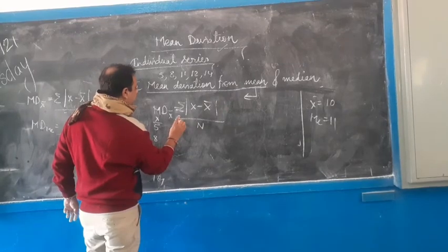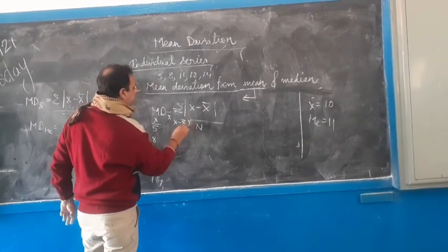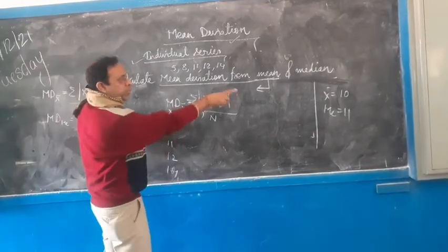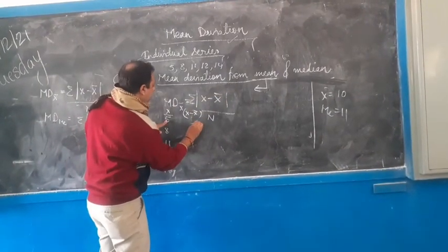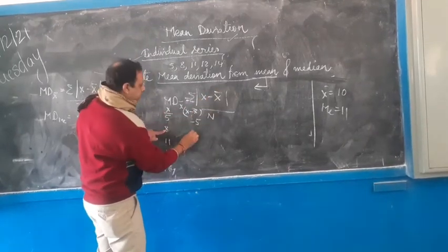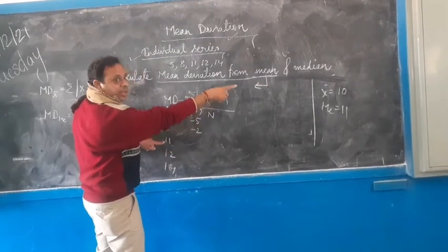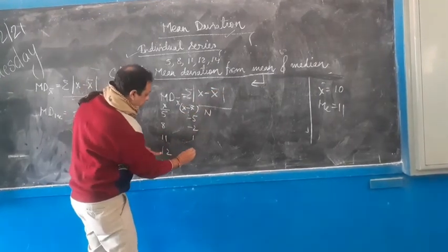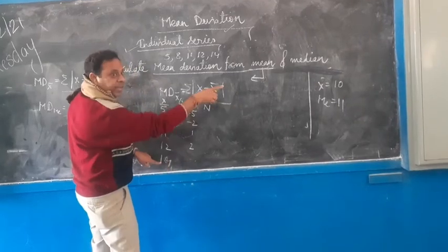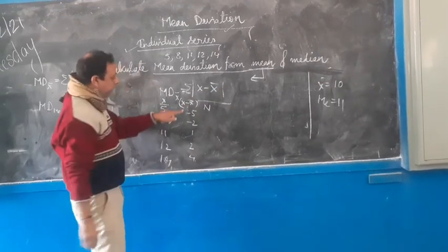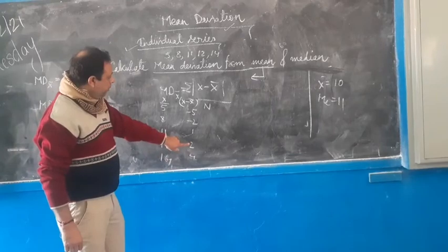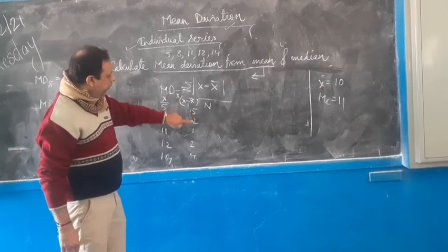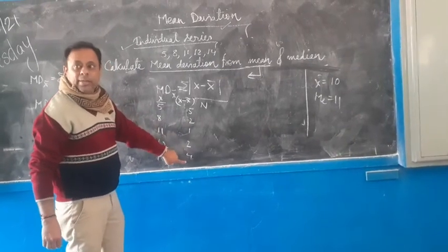So we will make another column, x minus x bar, because that is there in our formula. 5 minus 10 is minus 5, 8 minus 10, 11 minus 10 is 1, 12 minus 10 is 2, 14 minus 10 is 4. This is the mod value, so the minus will be cancelled: 5, 2, 1, 2, 4.